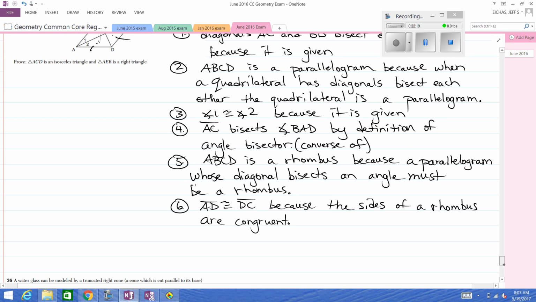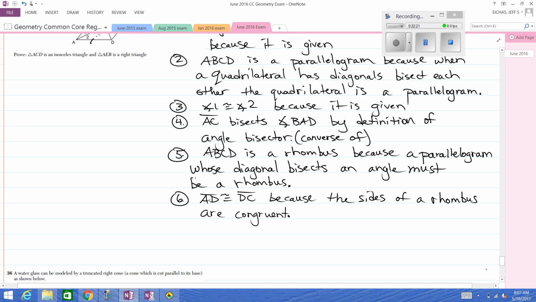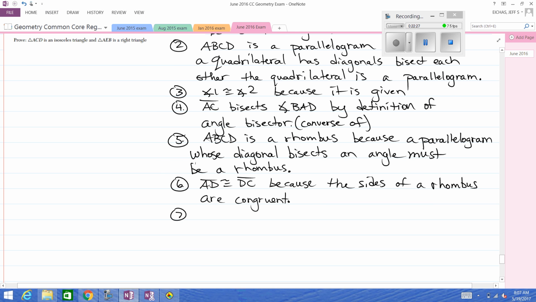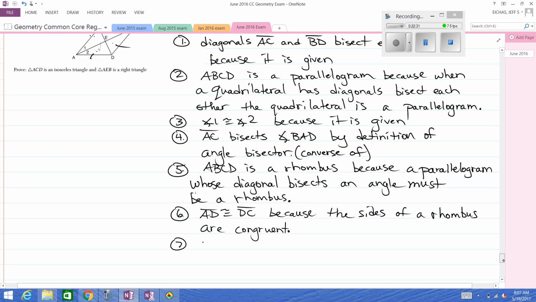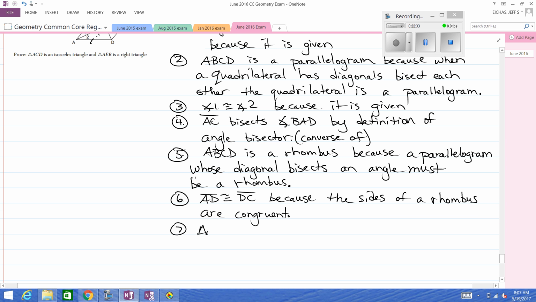All right, oh, sorry, I've got to actually say it. Let's create some more space here. All right, so that makes it isosceles because two sides are the same. So triangle ACD is isosceles because it has two sides that are congruent.